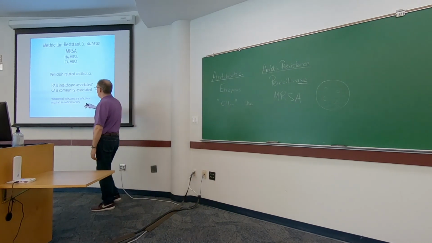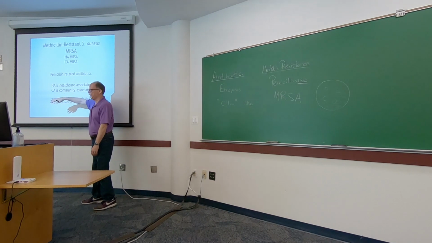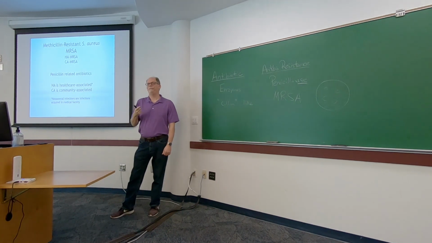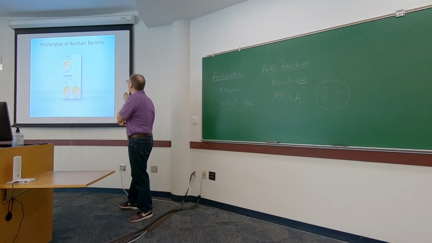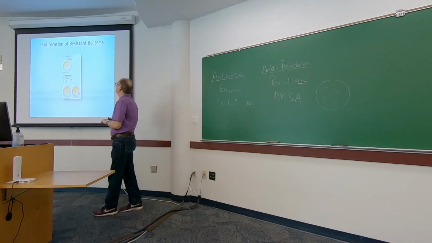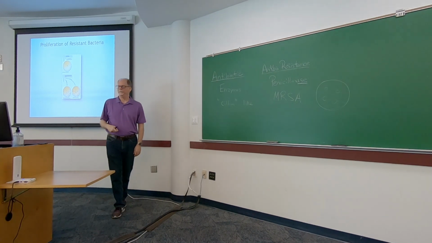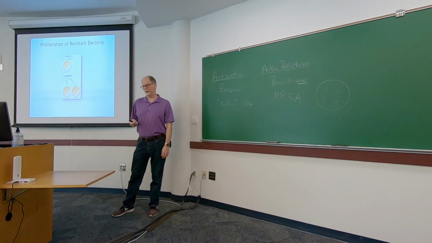CA is community associated, and that means, like I was saying, nowadays there's so much of it that it's not just a problem because you went to a hospital. Now it's easy to proliferate. Resistant bacteria contain a gene, or one of their genes becomes mutated, to make the antibiotic ineffective.